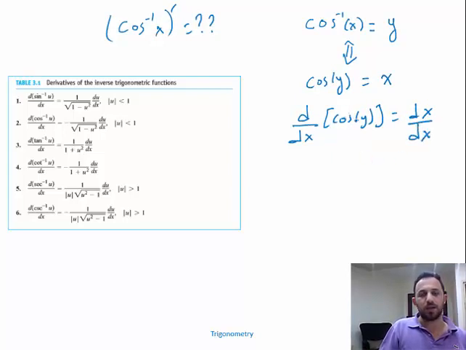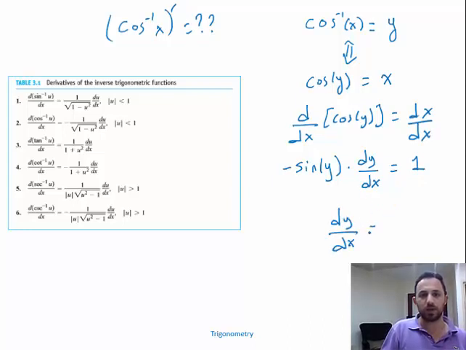By chain rule, the derivative of cosine y is equal to minus sine y. The derivative of cosine is minus sine, and by chain rule it is times dy by dx, which is equal to 1. Then dy by dx is equal to minus 1 over sine y.